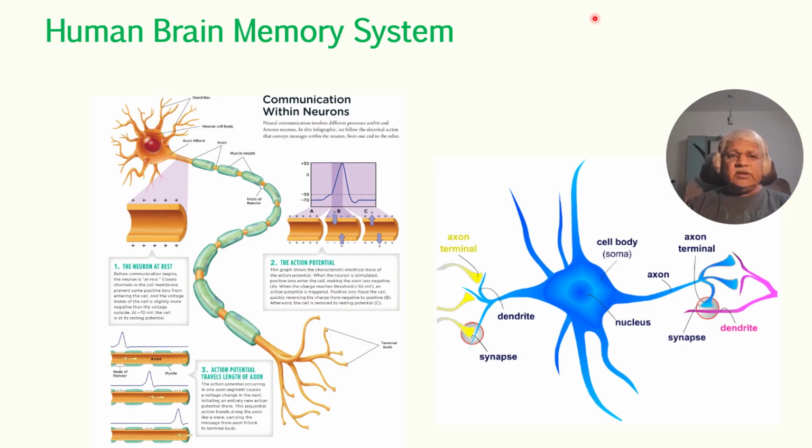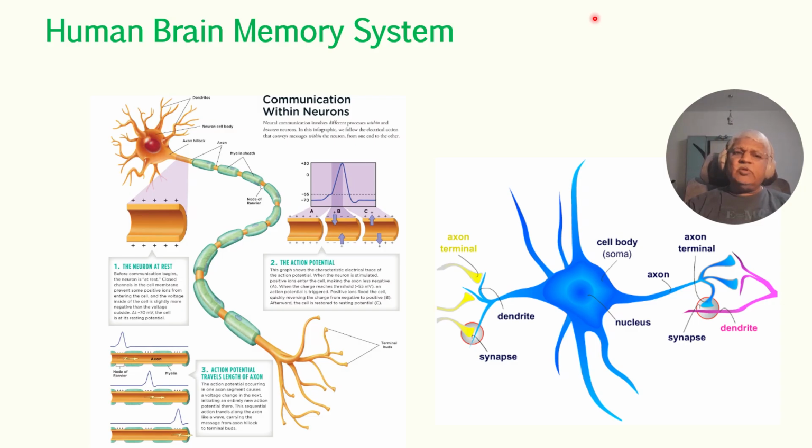And the working memory capacity of the brain is limited, and it is typically able to hold about 4 to 7 items at a time. It is essential for reasoning, decision making, and learning, acting as a bridge between perception and long-term storage.